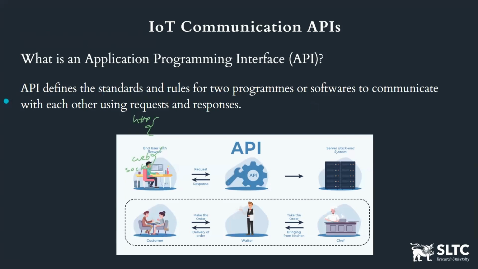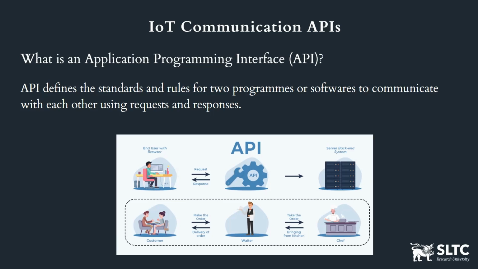So next, we will be discussing the third category of the logical design of IoT, which is the IoT communication APIs. When we are talking about APIs, let's first talk about what an application programming interface, which is an API, is. An application programming interface is basically an interface that defines the standard and rules for two programs or software to communicate with each other, right?